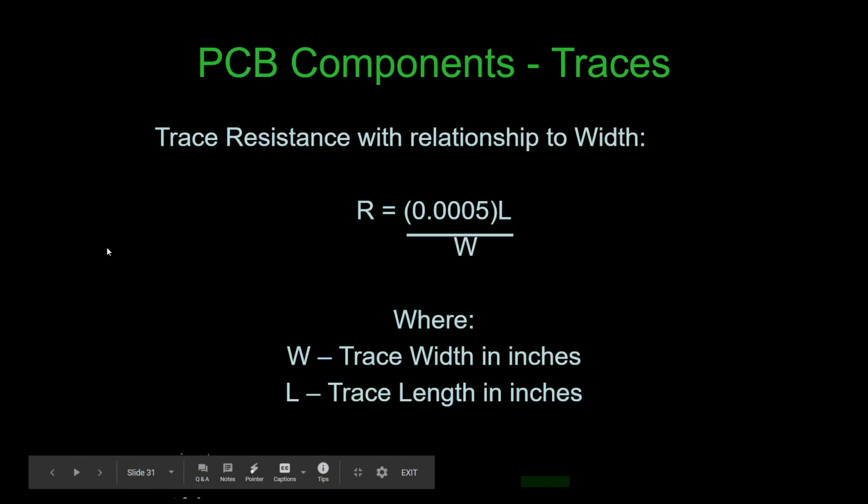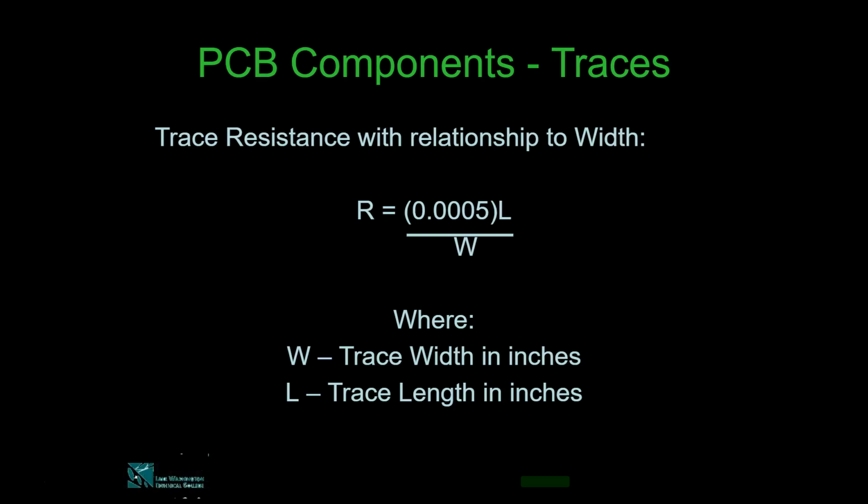Now comes the trace resistance with relationship to the width. Copper traces here are utilized to connect one element node to another node. The shape of these traces determines one very important aspect of a PCB, the characteristics: inductance, capacitance, and ultimately the characteristic impedance.